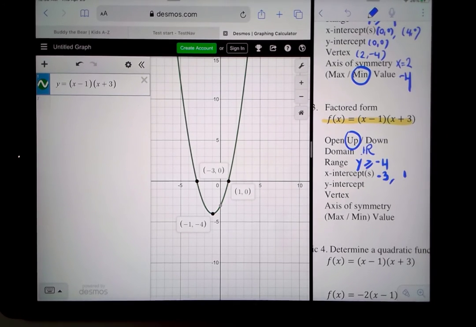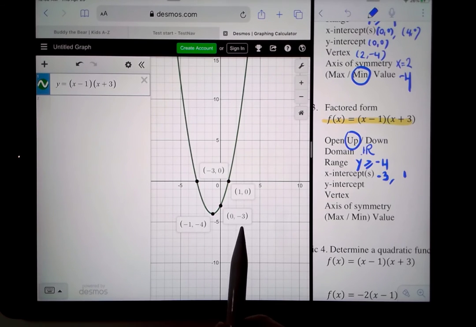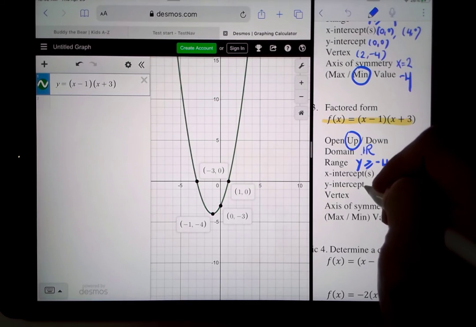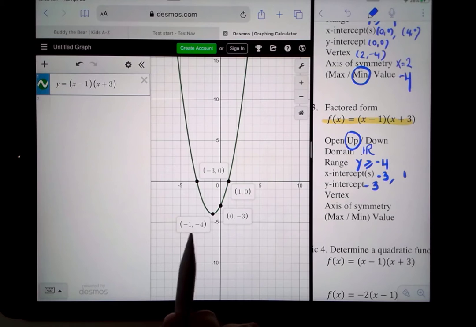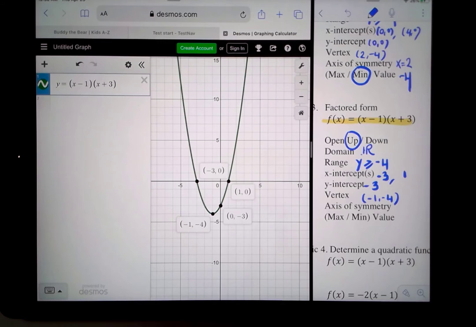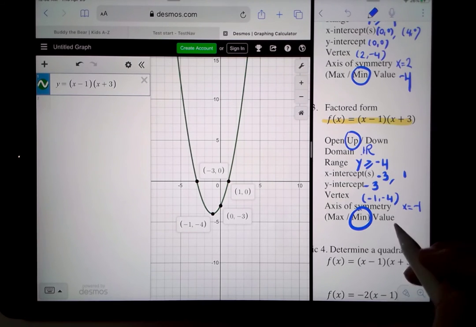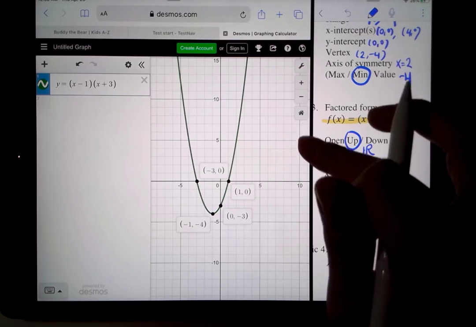My y-intercept is over here on the y-axis, which is -3, and my vertex, -1, -4. Axis of symmetry, x-coordinate, so -1. Does it have maximum or minimum? Minimum. What's the value? Negative 4. Okay? That's it.